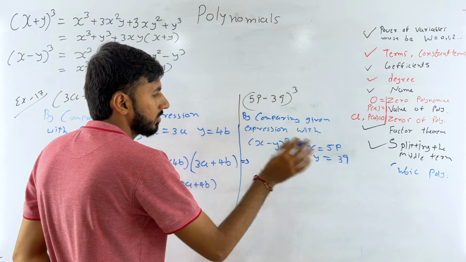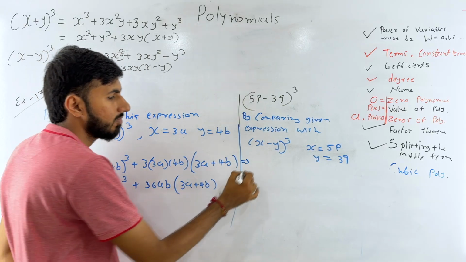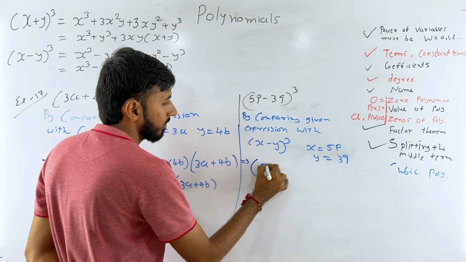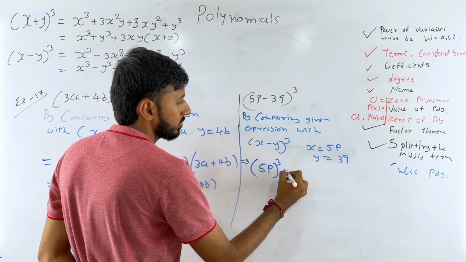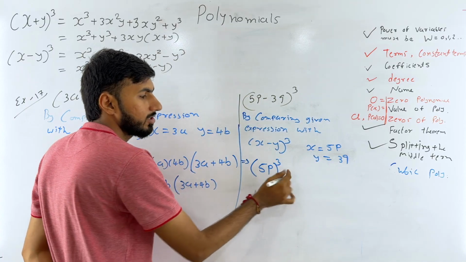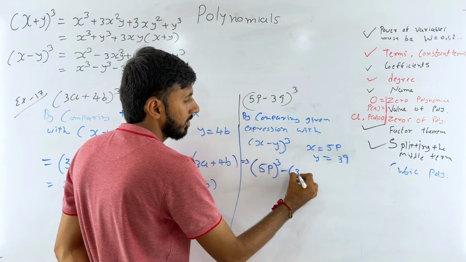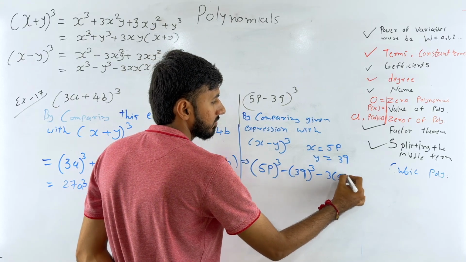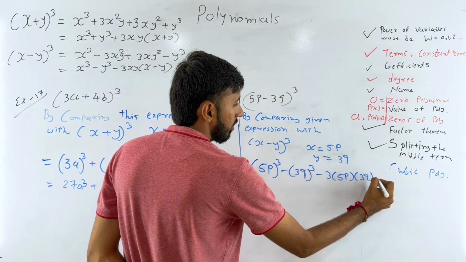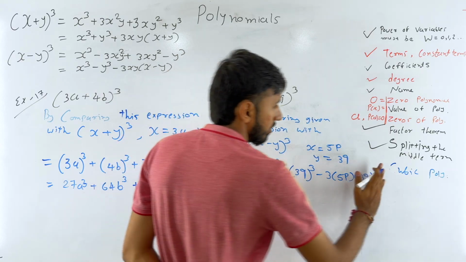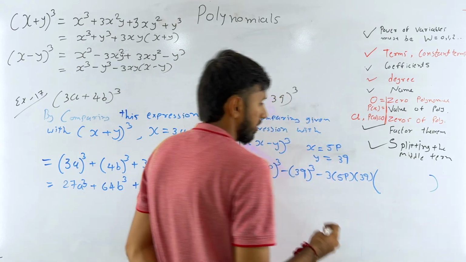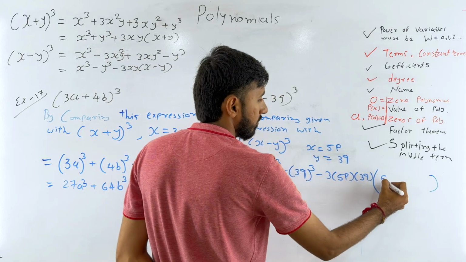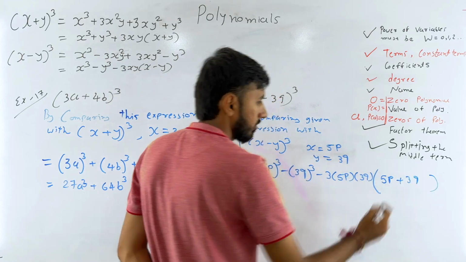Now by using the identity (x minus y) whole cube, my answer will be x cube, that will be 5p cube, plus, sorry, I have minus sign, so my identity will be minus y cube, that will be 3q cube, minus 3, in bracket x, that is 5p, y, that is 3q, in bracket x minus y, that is 5p minus 3q.